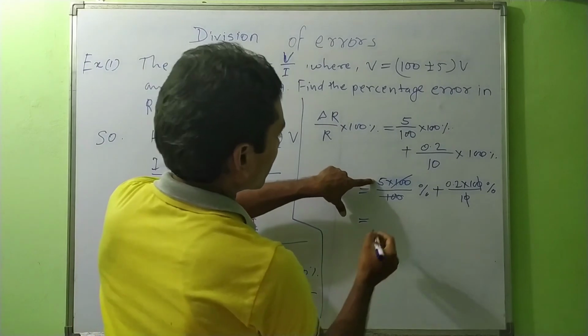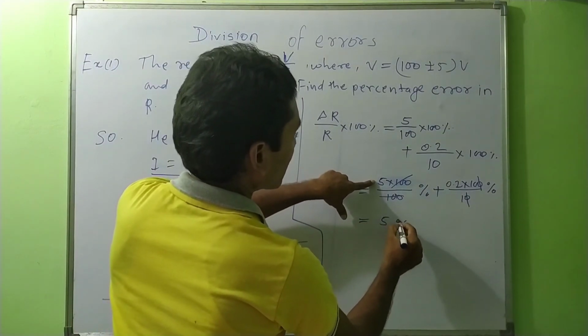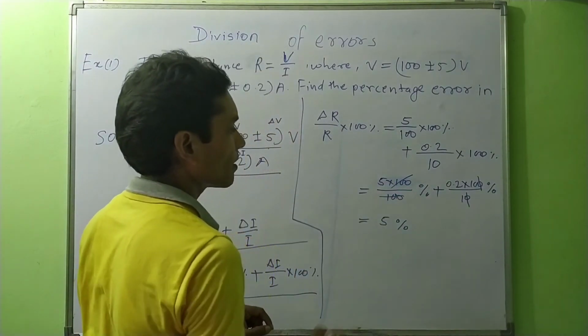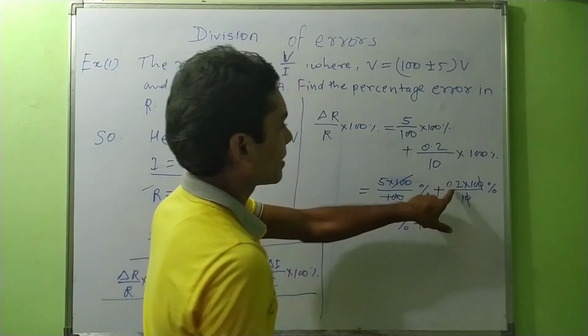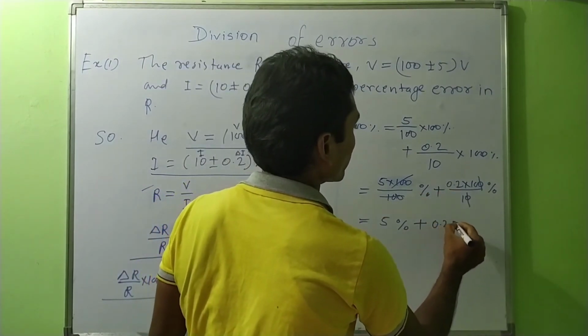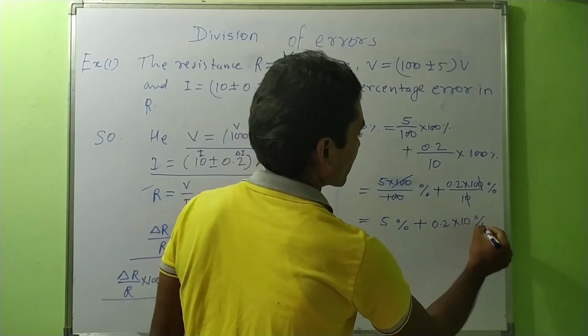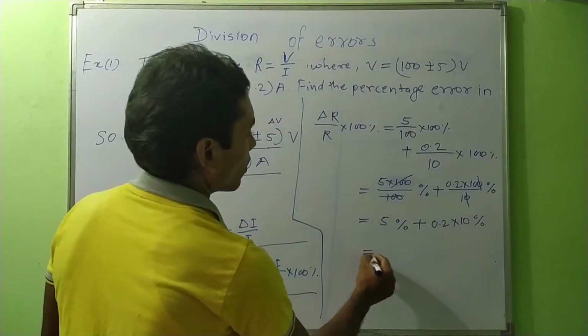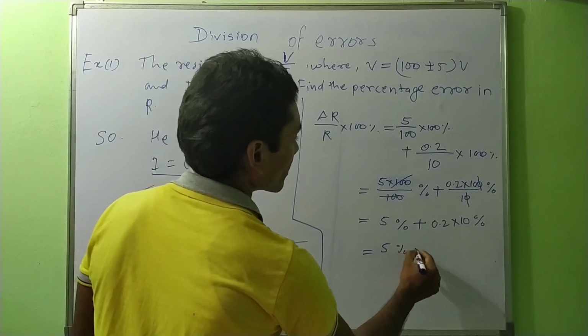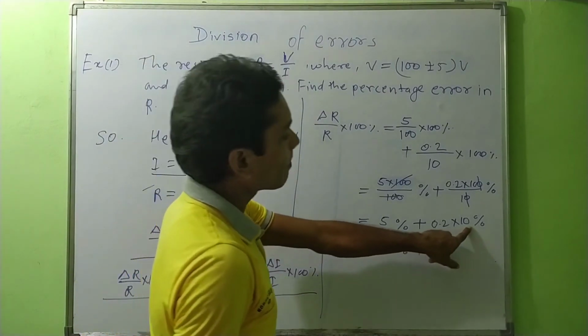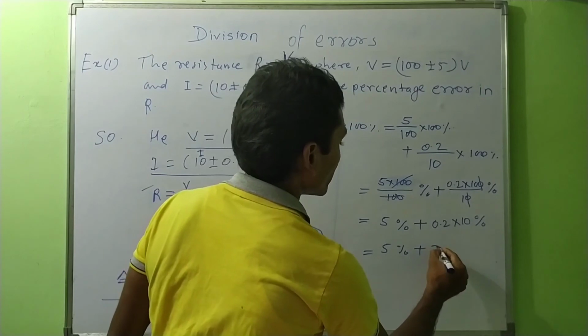So here 5 and percent remain, and plus here 0.2 upon 10 remain and percent, or 5% plus, on multiplying, it will be 2%.